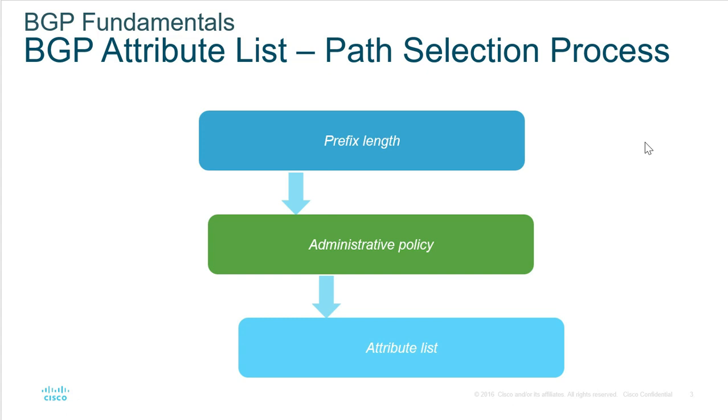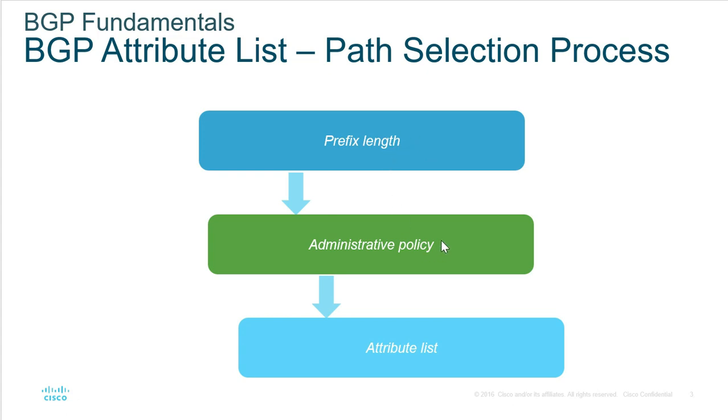Untuk BGP, secara default dia akan pilih the best path which is satu sahaja, tak ada multipath. So cara dia go through the best path adalah the first one, it will look at the prefix length. Maksudnya dia akan cari the best path yang mempunyai prefix length yang paling panjang ataupun yang paling spesifik.